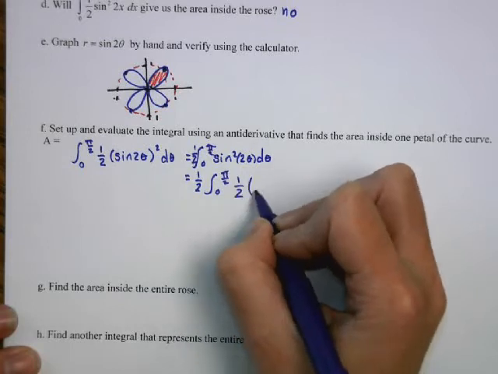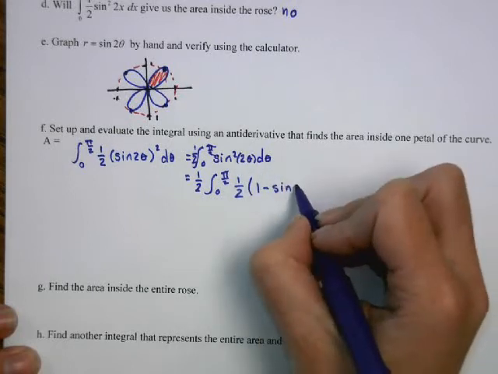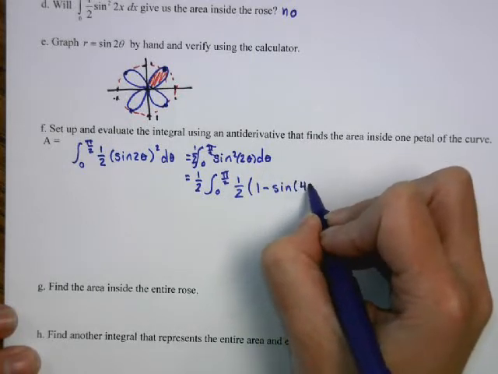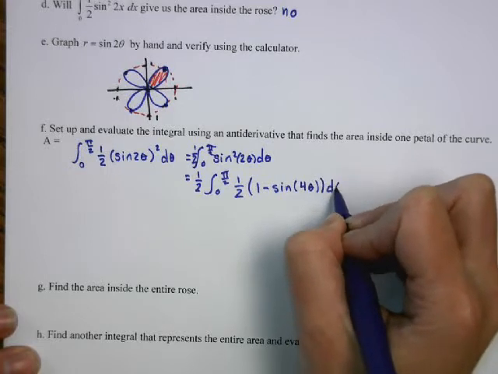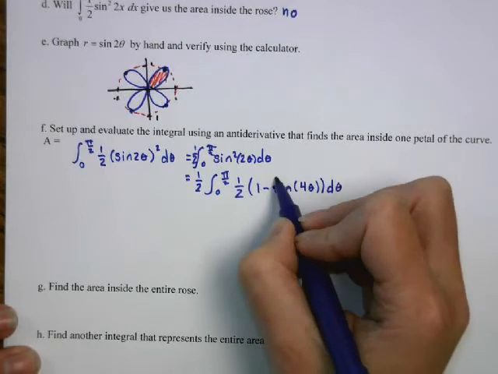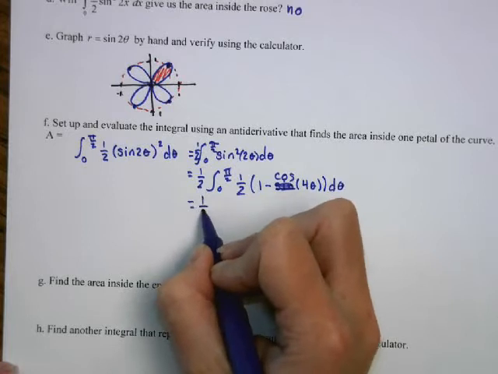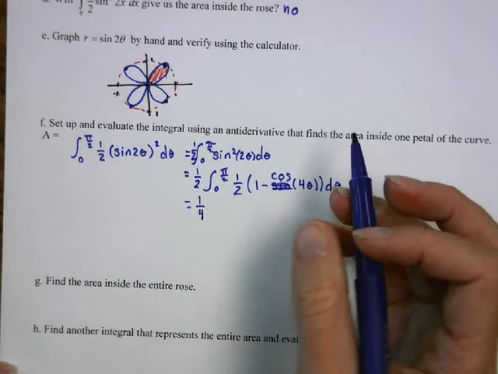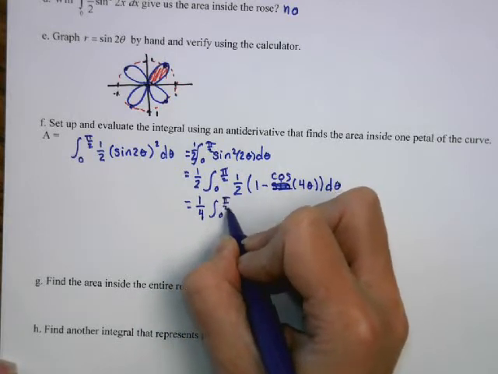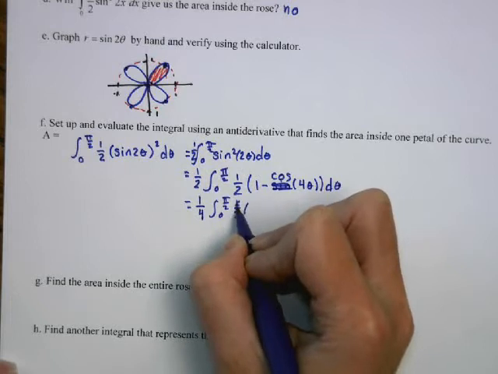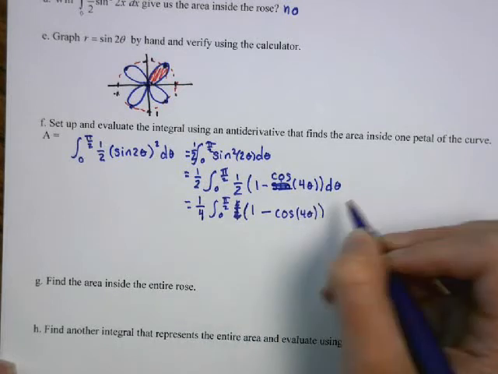So this is going to be 1/2 times 1 minus cosine of 2 theta, which in this case my theta is 2 theta, so this is going to be cosine 4 theta. Minus cosine 4 theta. Okay, let's integrate.